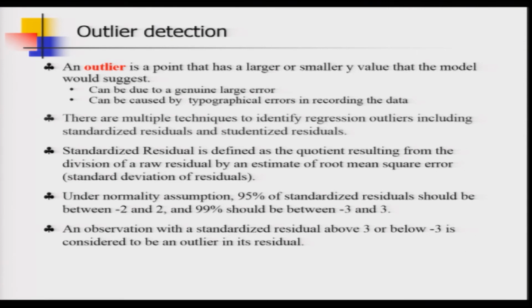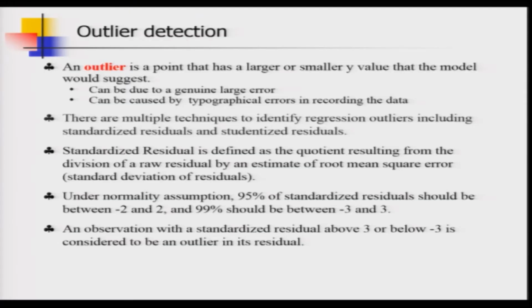Now, there are multiple statistical techniques available in a statistician's toolkit to detect outliers. We do not have time to go through all of them, we are only going to concentrate on one particular measure.